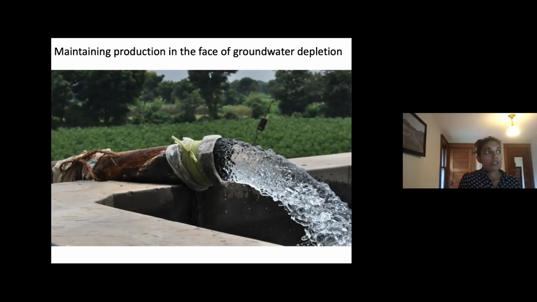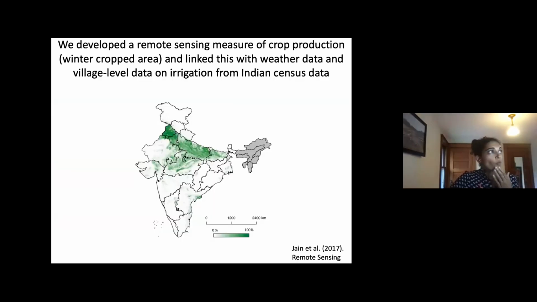So what we did was we first obtained maps of where in India we are seeing extreme overexploitation and that are expected to have critical groundwater reserves in the next 10 years. Then we overlaid those hydrological projections with a remote sensing data set that we developed on winter cropped area.